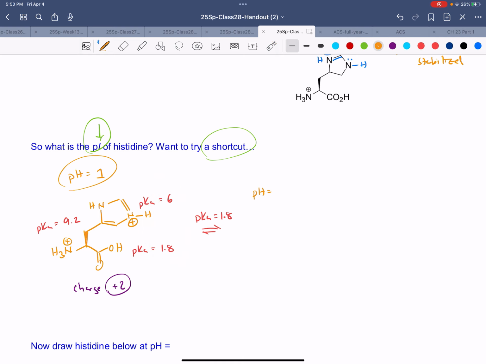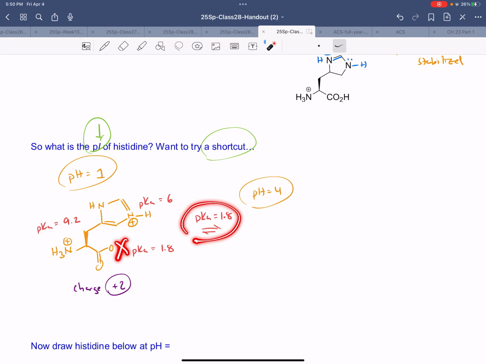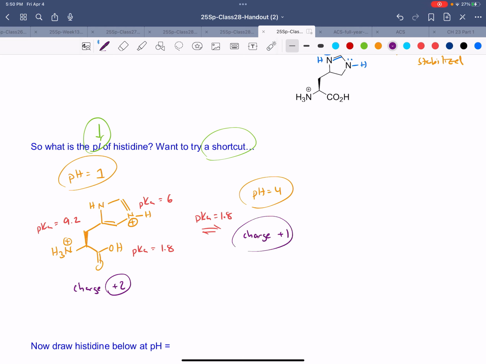So let's pick 4. Well, what happens to the charge? When we cross over 1.8, we get rid of this hydrogen. So think about it. Positive, negative, positive, plus 1. And it will always do that. It will go down by 1 exactly. Plus 1. Okay?